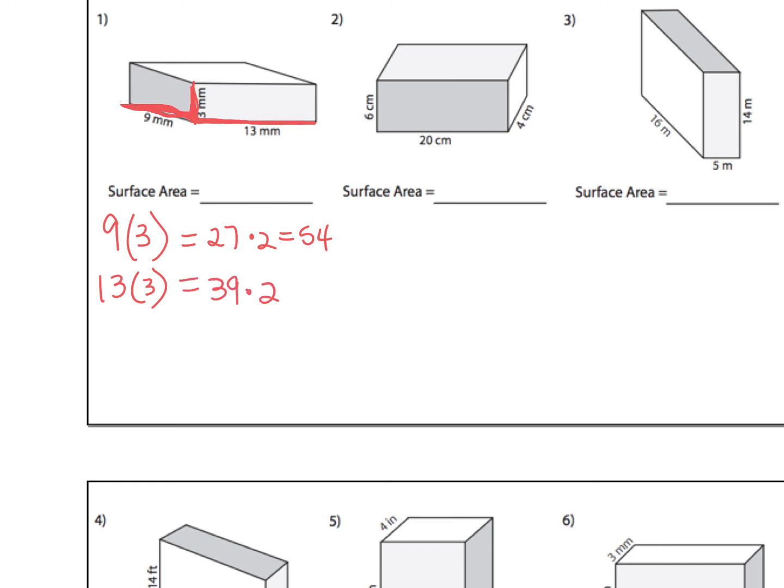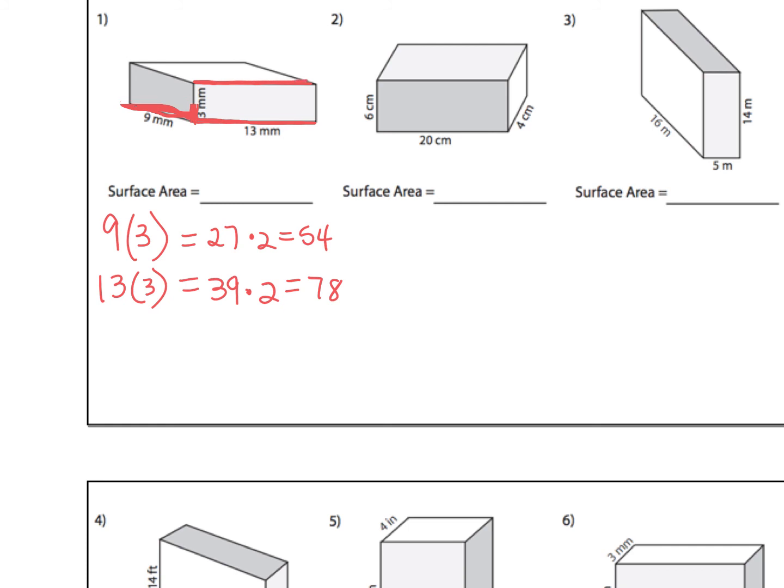And because there's one of those light gray rectangles in the front and one in the back, I multiply it by 2 because there are 2 of those. So 39 times 2 is 78. All right, I'm going to erase that so it doesn't confuse me. And now I have my top rectangle. So my top rectangle is going to have this side right here.